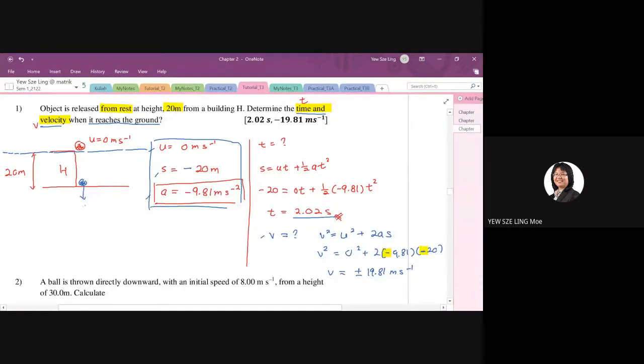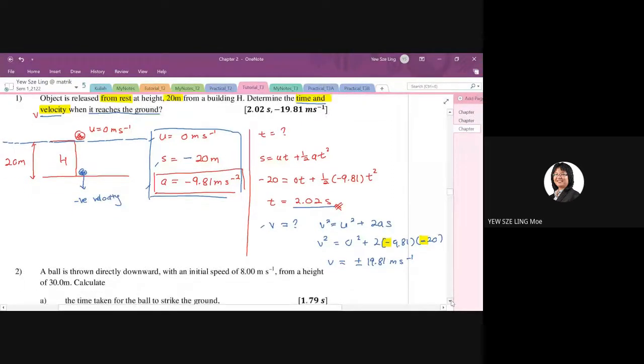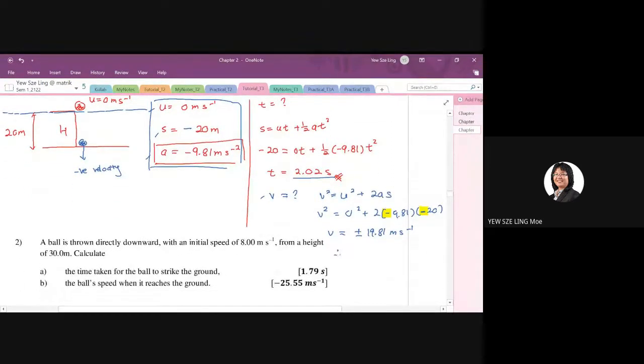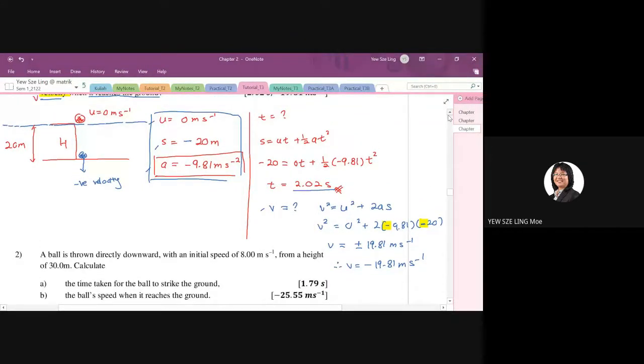Okay, it's still moving down. So what does it mean? It means you must have a negative velocity. So in this case, the velocity that we are going to choose is V equals negative 19.81 m/s. Okay, so you are the one who is going to decide whether you want a positive V or a negative V. So according to our diagram, right before it hits the ground, it is still moving downwards.